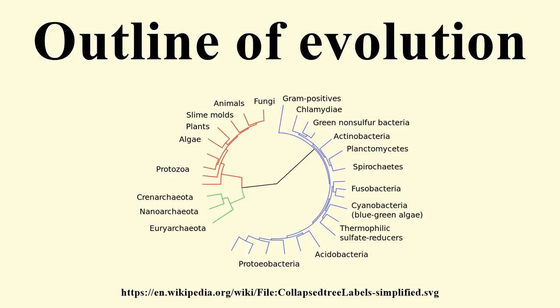Group traits: plesiomorphy, apomorphy, synapomorphy, or autapomorphy. Group types: monophyly, paraphyly, polyphyly.